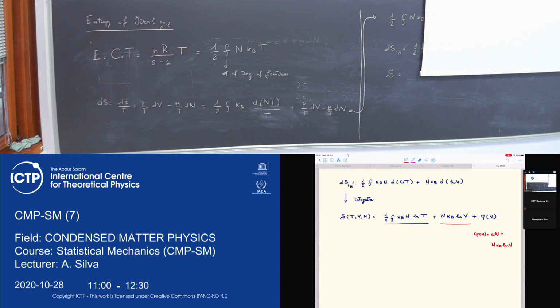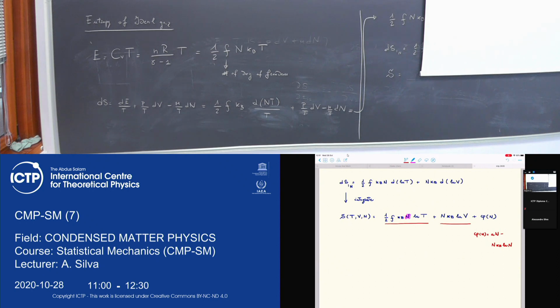So I don't quite get it when you underline both terms. Well, this is proportional to n, right? And therefore it's extensive. You agree?